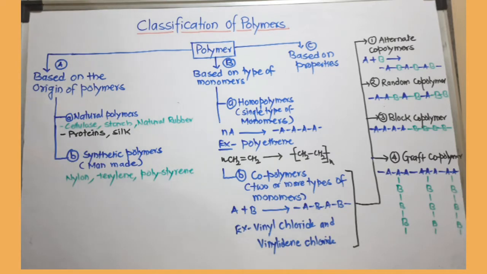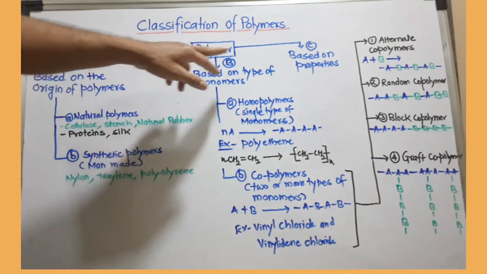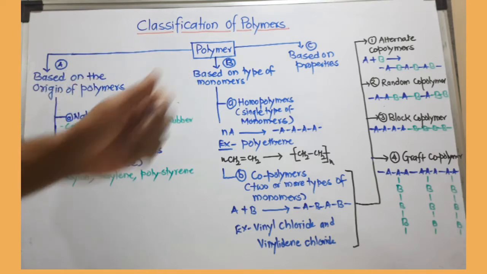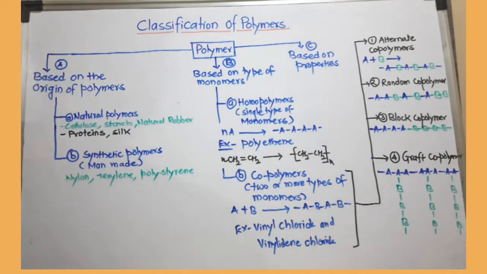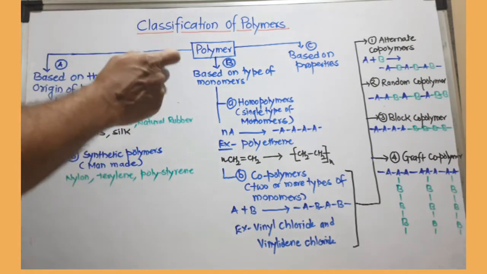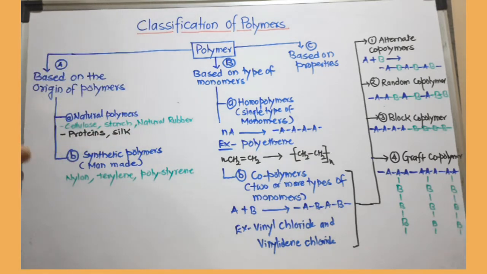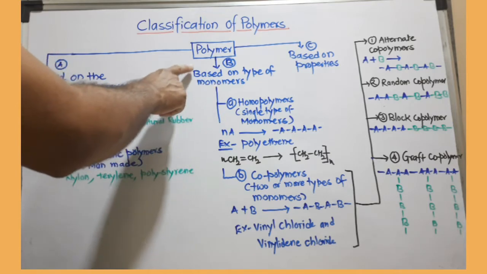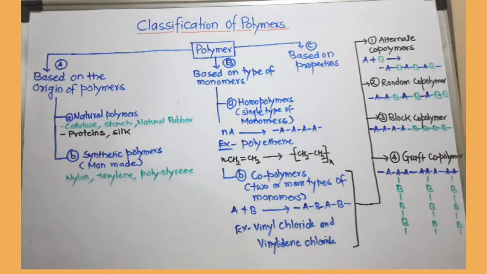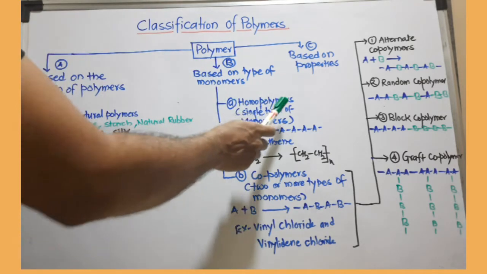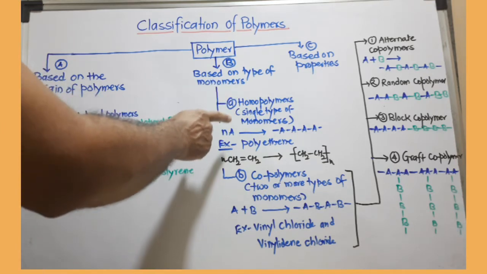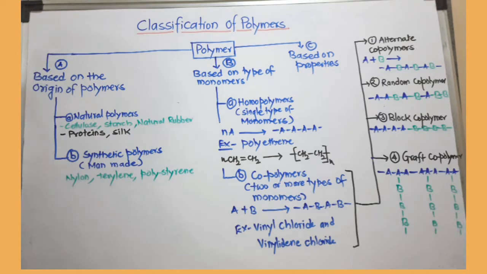The second type of classification is when we consider the monomer as a base for the type of polymers. A monomer is the smallest unit from which a polymer is formed, and this monomer is the base for the classification. So the first class is homopolymers, which are formed from a single type of monomer.